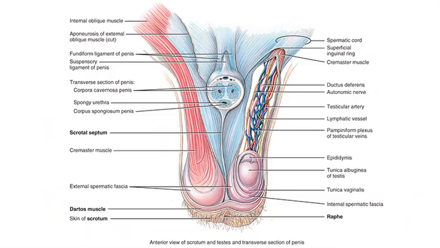Now, the scrotum is a supporting structure specifically for the testes. It consists of loose skin and underlying subcutaneous tissue that hangs from the root of the penis. Externally, the scrotum looks like a single pouch of skin separated into lateral portions by a median ridge called the raphe. Internally, the scrotal septum divides the scrotum into two compartments, each containing a single testicle.